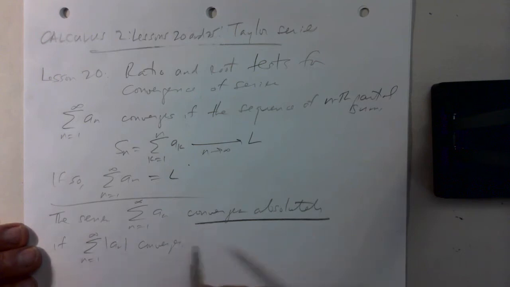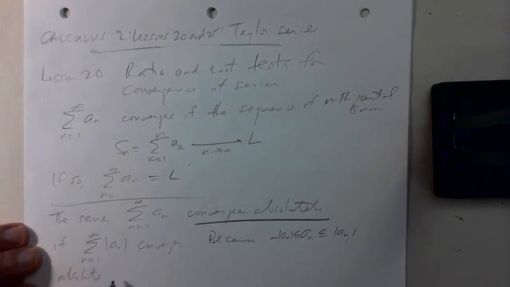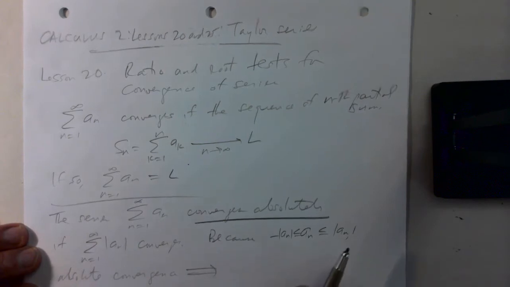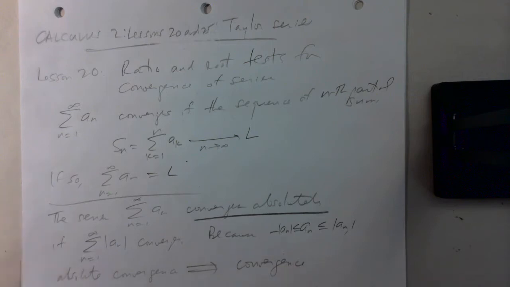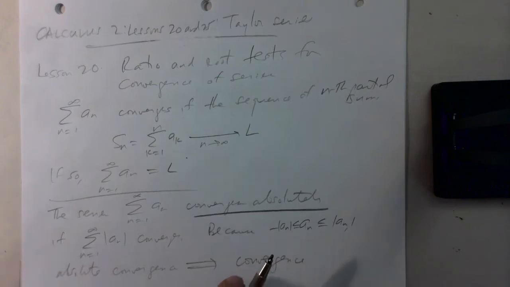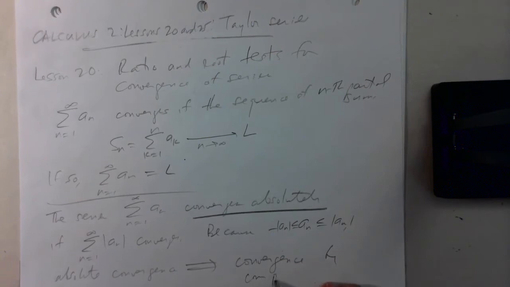Because an is always between the absolute value of an and minus the absolute value of an, absolute convergence of a series implies convergence. That is, if a series converges absolutely, then it converges by the comparison test.